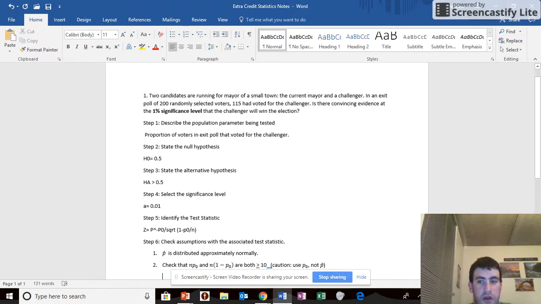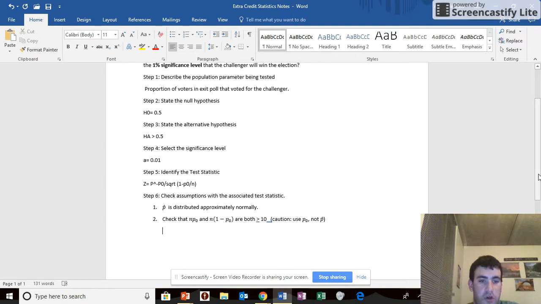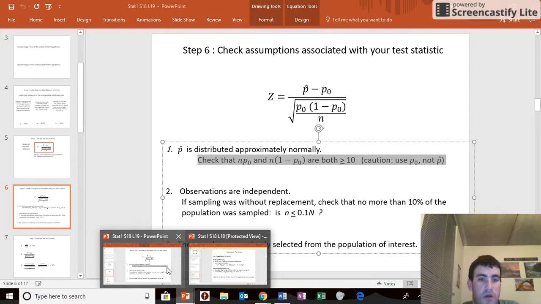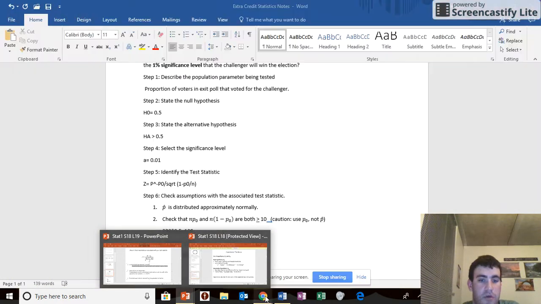Here it's easy since the proportion is 50%: 200 times 0.5 equals 100, and again 200 times 0.5 equals 100. 100 is greater than or equal to 10, so we can assume p hat is distributed approximately normally.